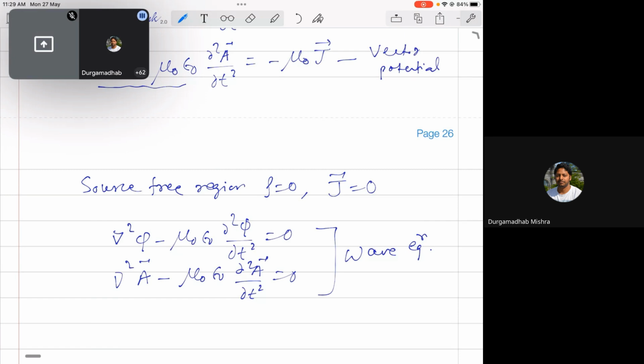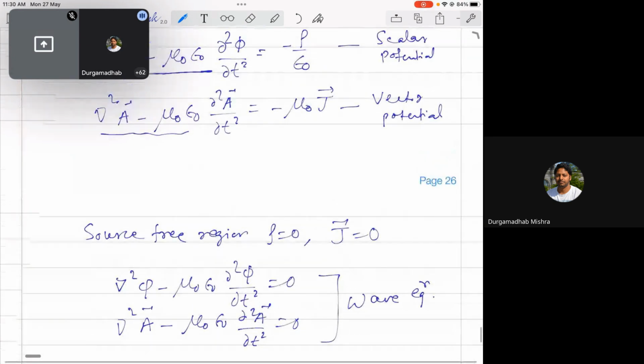So now we move on to another interesting part of this discussion. So far, what we have discussed is how this electromagnetic wave looks in vacuum or free space. Whenever I am talking about free space, the equivalent term is vacuum.